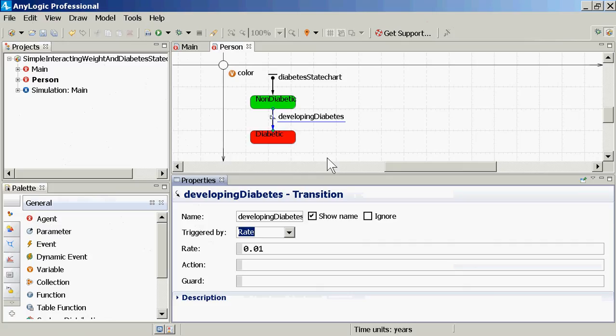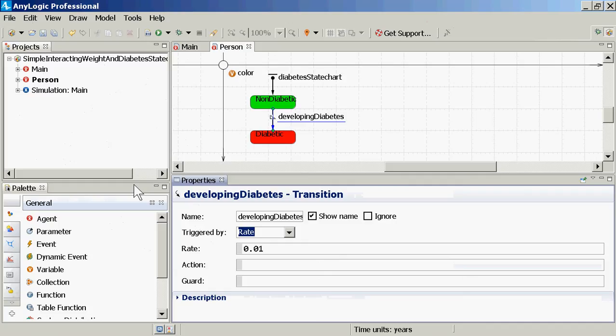Great. So, folks, we're now going to implement one more risk factor, and it's going to be the crown jewel of our day. We're going to add weight as a risk factor here. So we're going to have a weight state chart.